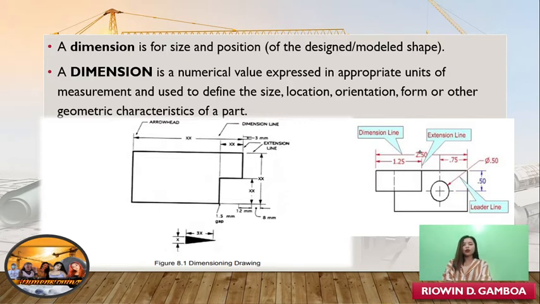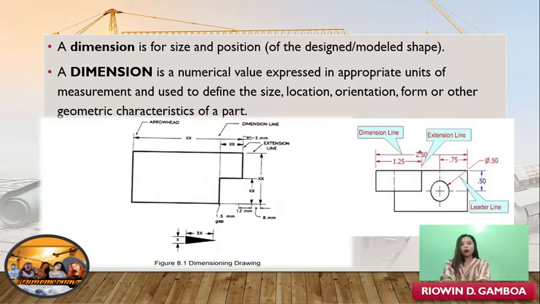So, dimensioning consists of lines, symbols, and placement techniques. In dimensioning, we provide two types of information: the location of a feature and the size of a feature. And also, we tackled in this lesson the importance and the purpose of dimension.